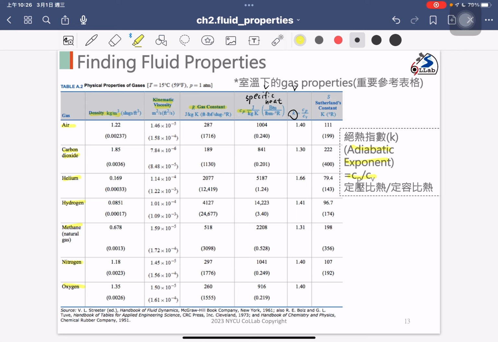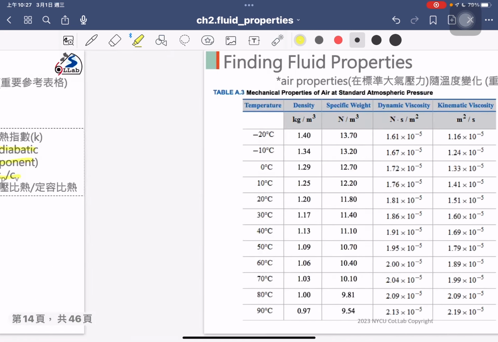If in the future you deal with a problem with a different gas, you can check from the table, because when we solve the problem, we should know the properties first. And sometimes the questions will ask you to identify what properties we have in the problem. Okay, so you can double check from the tables.